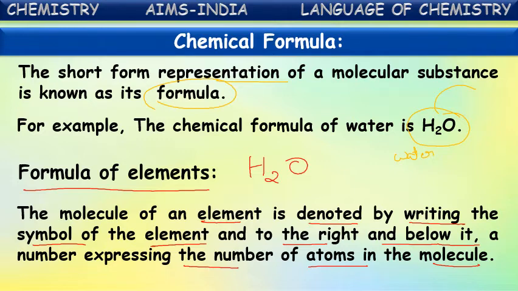I am writing hydrogen, oxygen, and at the right below, this is called subscript. In the subscript, we represent with one number the number of atoms. Here nothing is written, means one is there. So, what is the water formula? Two hydrogen atoms and one oxygen atom give you the chemical formula of water. That is called formula. We are representing with the elements.